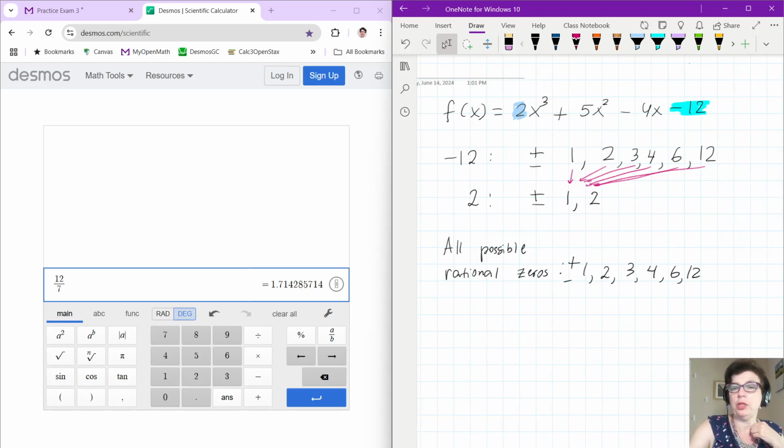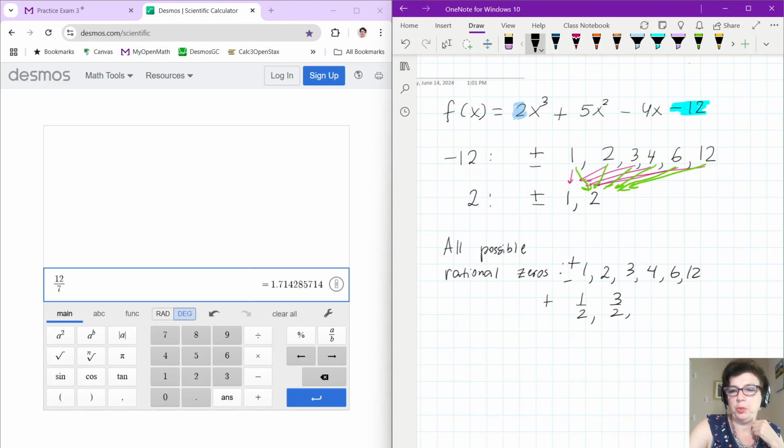Okay, and then you're going to do the same thing, but this time you divide everything by 2. So you start with the top numbers and divide all of these guys by 2. Okay, so that's going to make it what? 1 over 2, so that's another one. Then 2 over 2, that's 1, but I already have 1, so I don't have to list it. 3 over 2, I did not have.